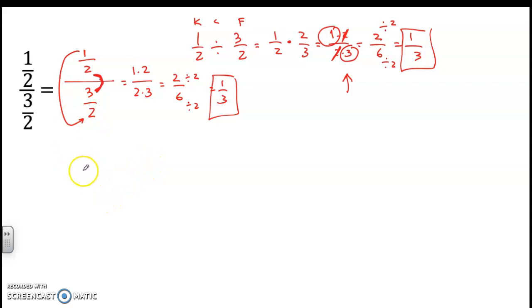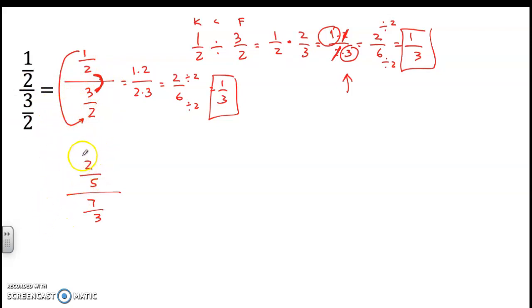Let's do another one. Let's say that I have 2/5 divided by, I don't know, let's say 7/3. Let's not use any of this long process. Let's try to use the shortcut. By the way, I learned this shortcut 300 years ago, guys, when I was in college as an engineering student.